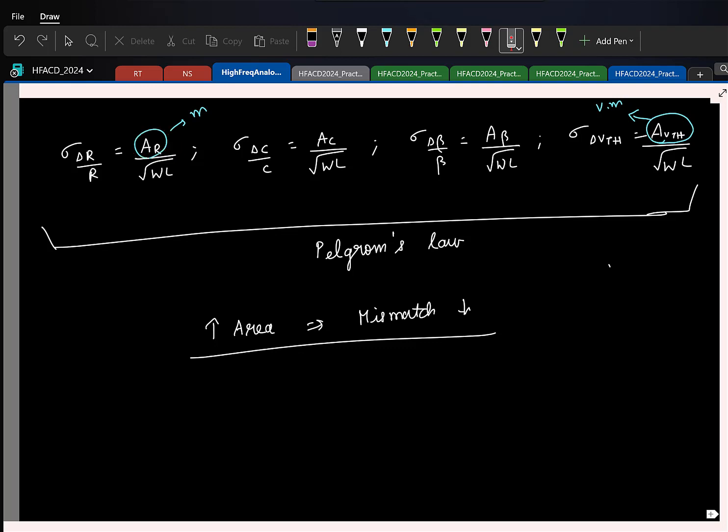So if you want to tolerate some percentage of mismatch, you choose your area accordingly, so that way you can get L and W individually.